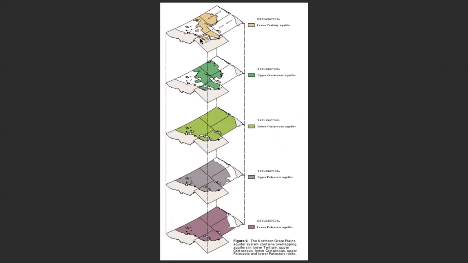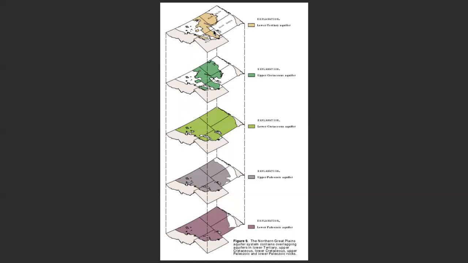This map shows vertical slices of these aquifers, starting in the tertiary and moving down into the lower Paleozoic. So at various depths here. And I guess what I want you to see is the extent of these aquifers.